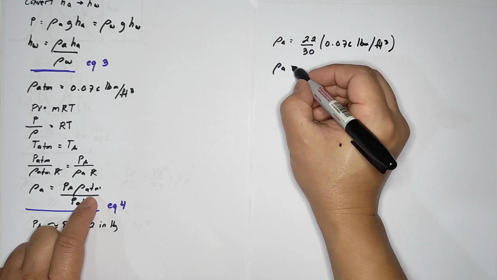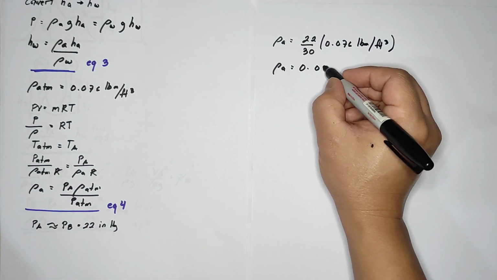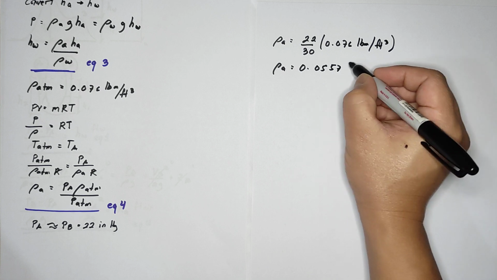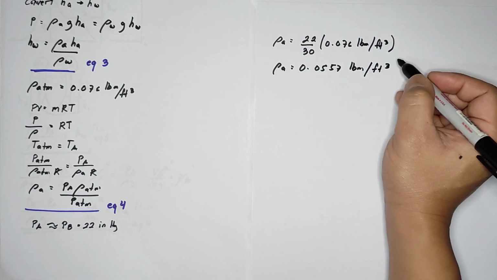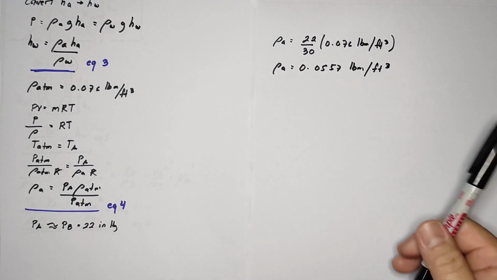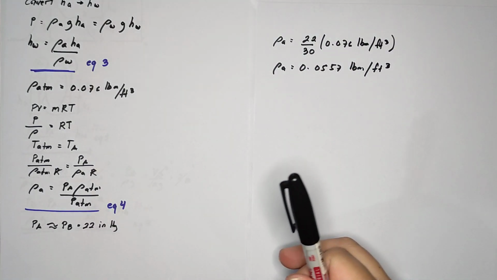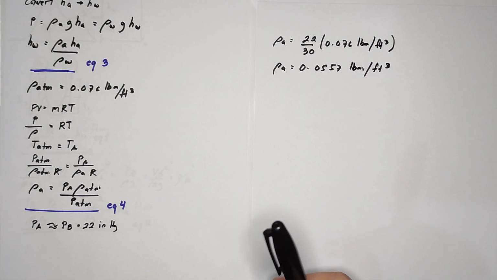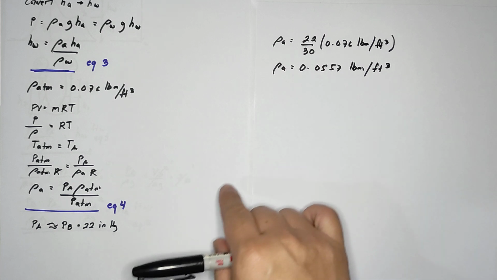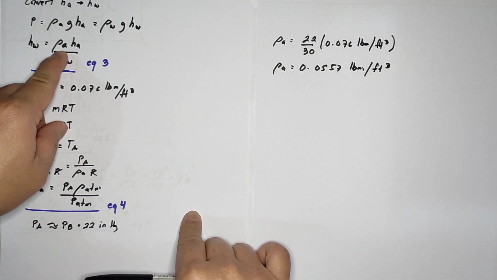So the density now would be 0.0557 pound mass per cubic foot. So again, don't round up in the next calculations. Just don't round up in our quiz.